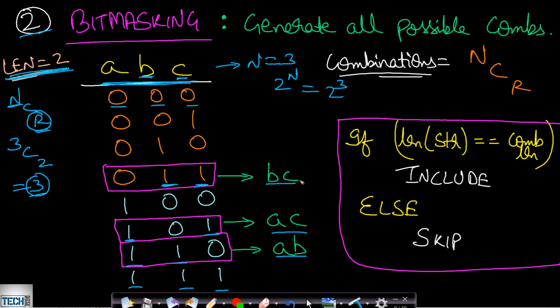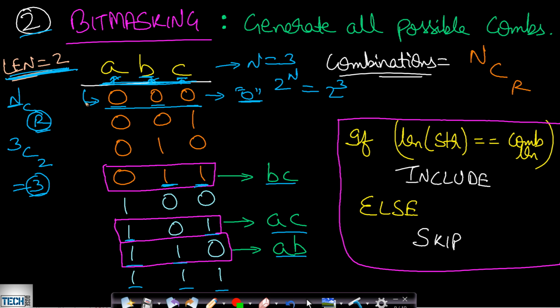So I have already explained how I will be doing it. Like I will be starting from this first combination. When we see a 0, we don't push a character. And whenever we see a 1, we will push that character. So for a single combination, we will find the resultant string. In this case, it will be empty. And then we will check the length of this string with our combination length. So here it is 0.